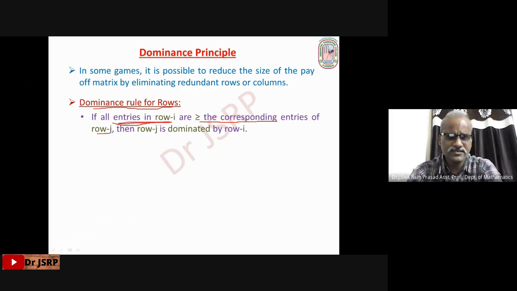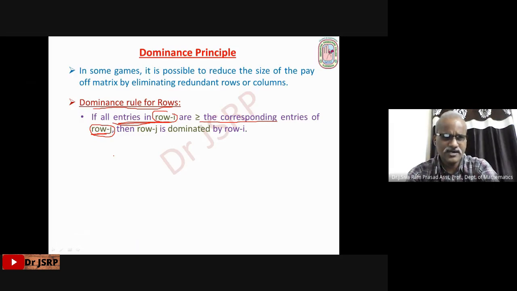Row I means corresponding to strategy I, row J means corresponding to strategy J. All payoffs corresponding to strategy I are greater than or equal to the corresponding payoffs of strategy J. Since player A is a maximin player, he tries to maximize his minimum gains.